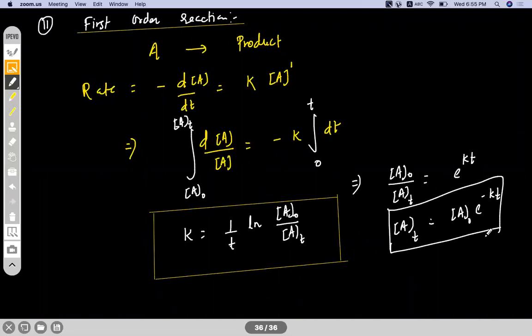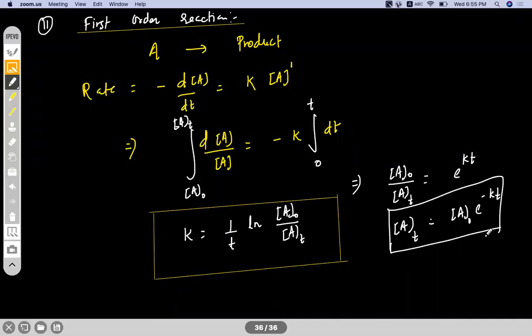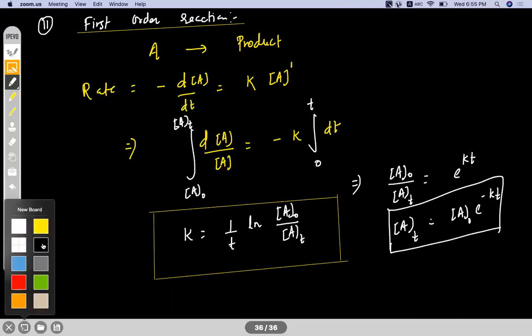Could you tell me the expression for T half here? What is the expression for T half? We can substitute here simply, right? So at t is equals to T half, the concentration AT becomes A naught by 2.